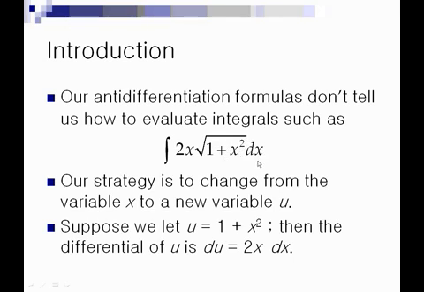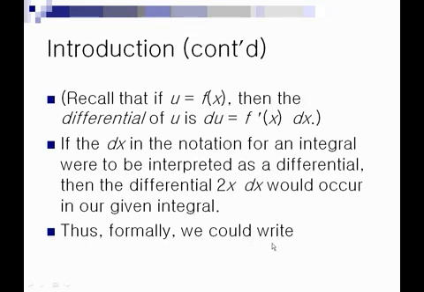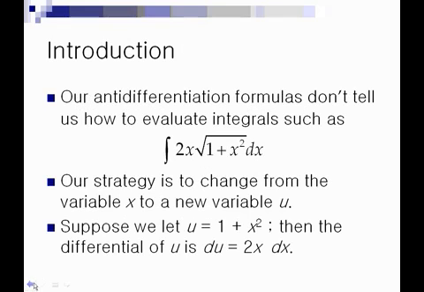But let's say you looked at doing a substitution. Let's say you had u equal 1 plus x squared, and du, being a differential that should work like a derivative, should be 2x dx, right?